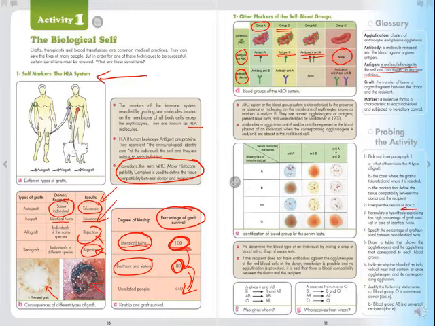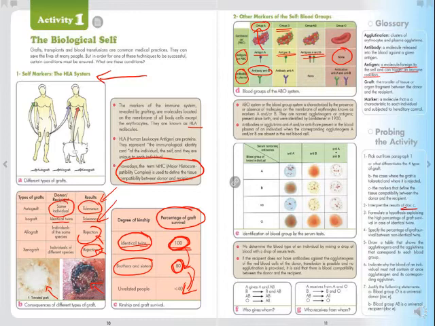Moving to the antibody. Antibody is something that can attack the antigen. So antigen A means that we have blood group A, so the antibody should be different from antigen A. So we should have antibody B. As a conclusion, the blood group has the same antigen but different antibody.